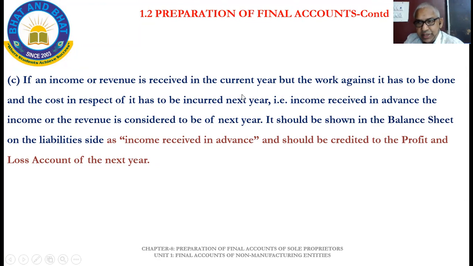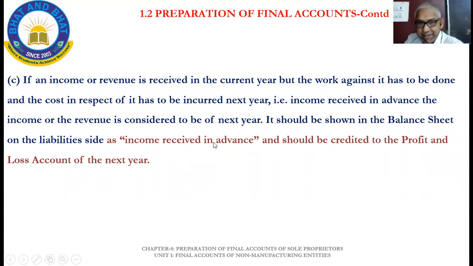Say you are closing the accounts as on 31st March 2020. Suppose the April 2020 rent is already received during March itself, say 15 days earlier than due. That is, say on March 25th, rent is received, and that rent relates to April.